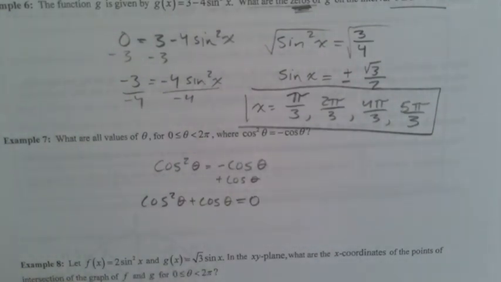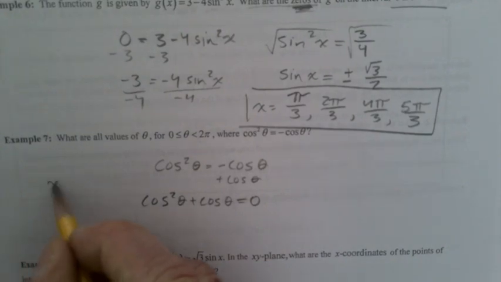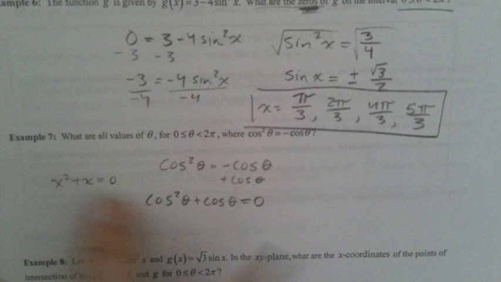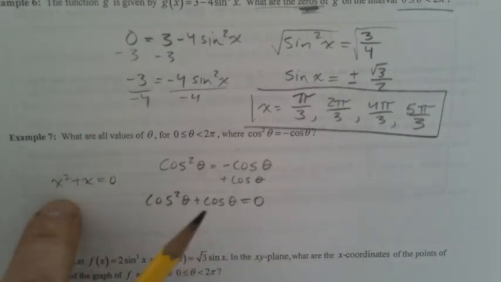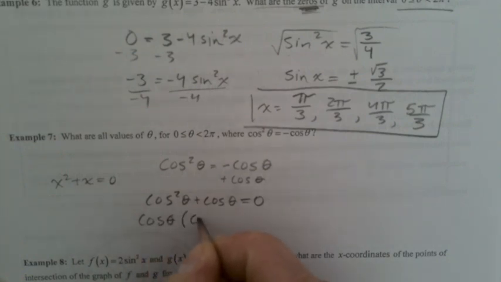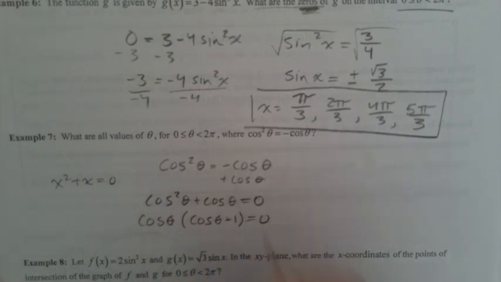Hey, guess what? We essentially have a very basic quadratic here. This is like having x squared plus x equals 0, and instead of x, we have cosines. Now, if you were to do this, you would take out the greatest common factor. So I'll do that here. Cosine of theta divides out. That leaves me with cosine of theta times cosine of theta plus 1 is equal to 0.